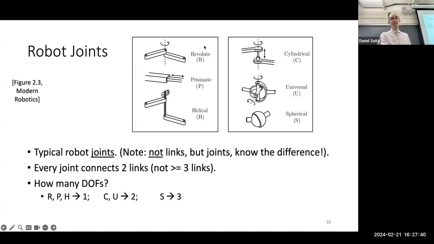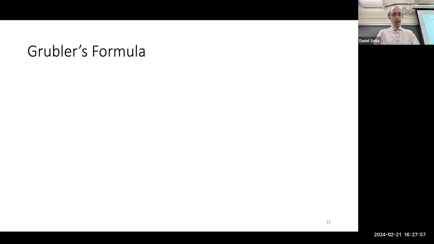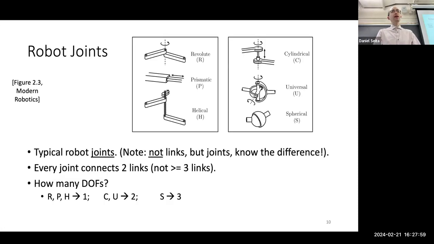But to summarize, the revolute, the prismatic, and the helical joint have 1 degree of freedom. The cylindrical and the universal one have 2, and the spherical one has 3. Any questions on that? I'll show an animation of the joint too.